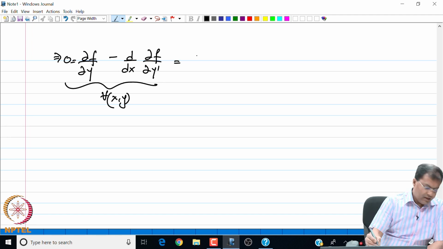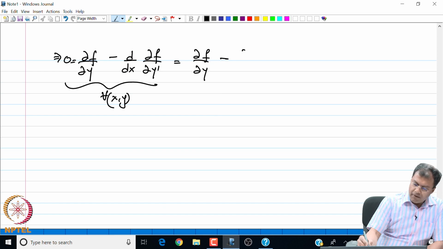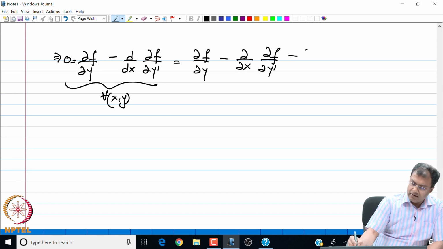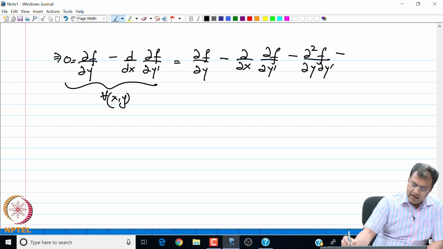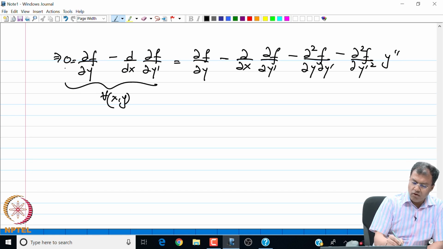Now, let me rewrite this expression using chain rule. I get that this is partial f partial y minus partial x of partial f partial y prime minus second partial derivative of f with respect to y and y prime minus partial squared f partial y prime squared times y double derivative, and of course, this is equal to 0 as we have shown on the left hand side.